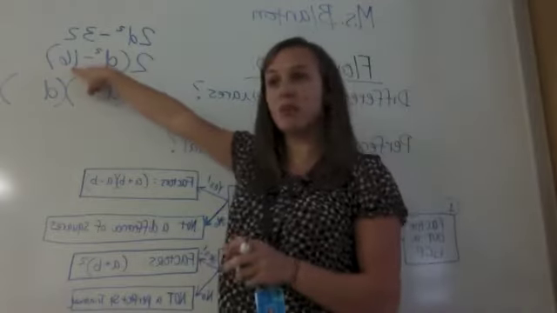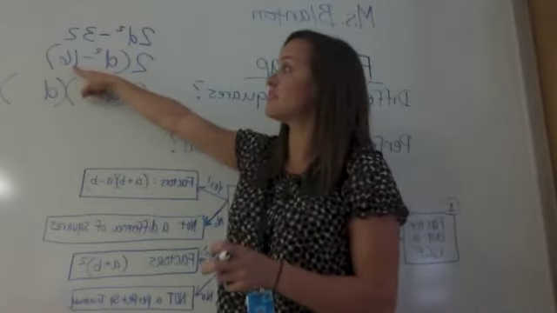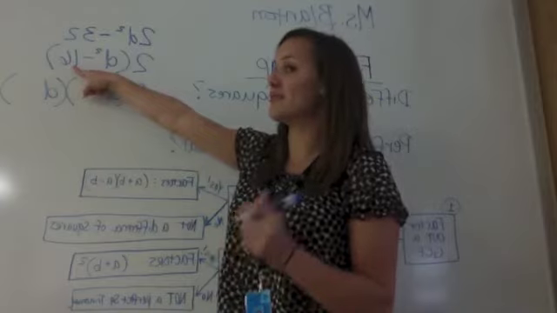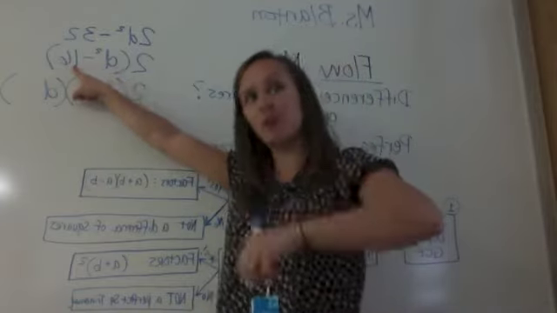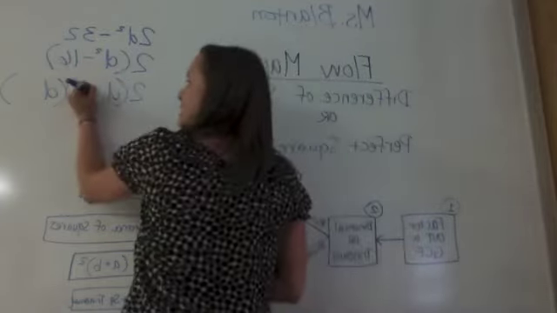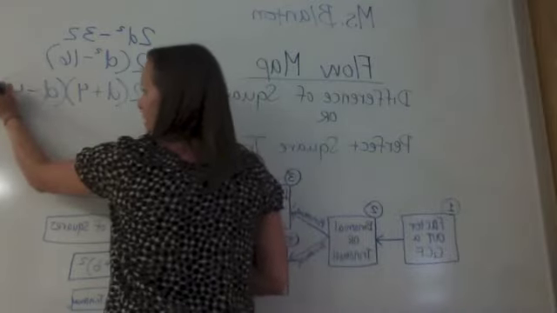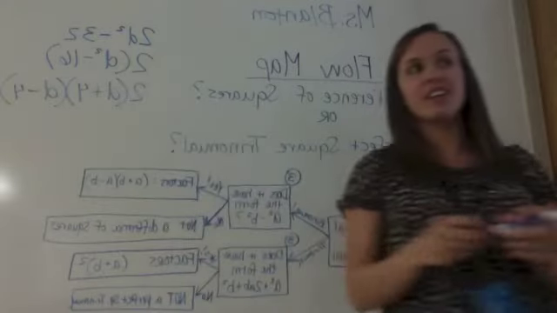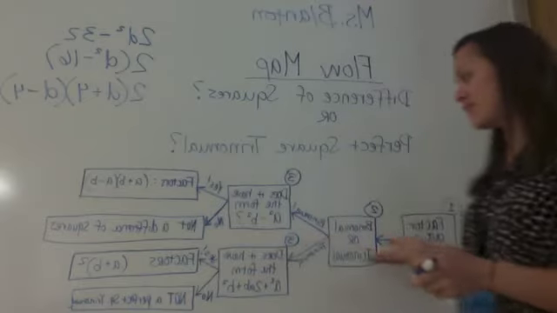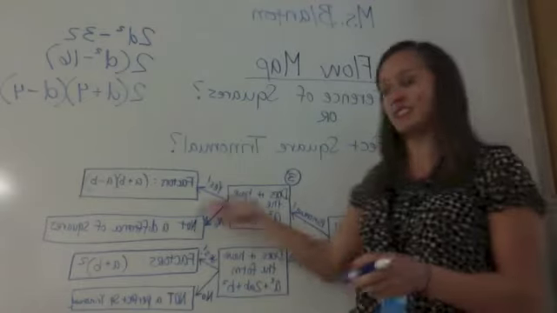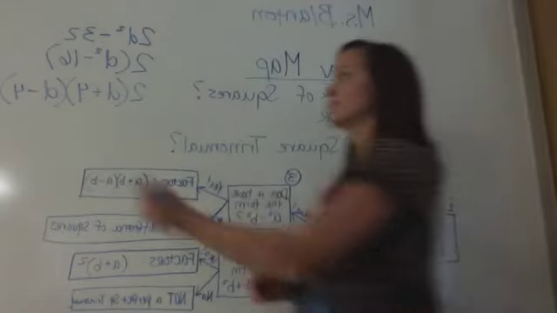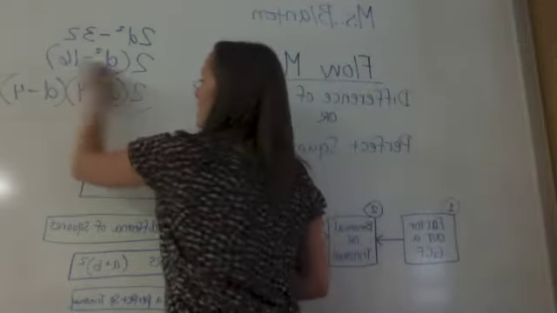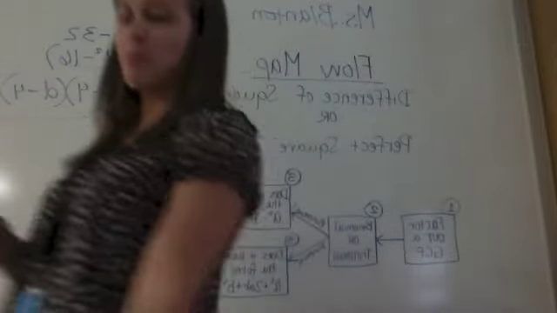So what's being squared here? 16 is 4 squared. So it's d plus 4 and d minus 4. Okay, that's one way that you can figure out if something is a difference of squares. And that would be your solution with your factors.